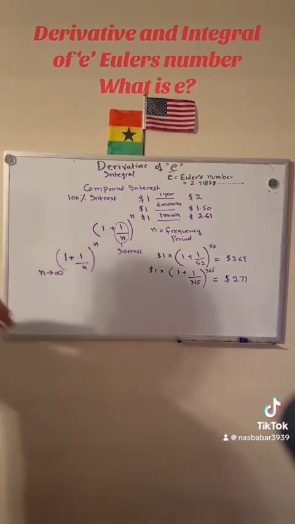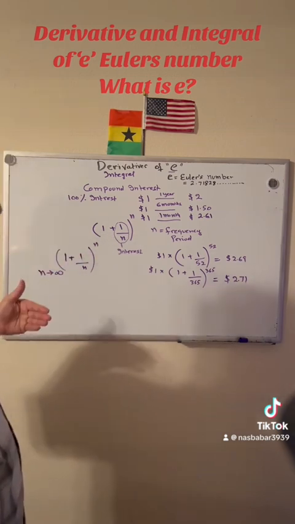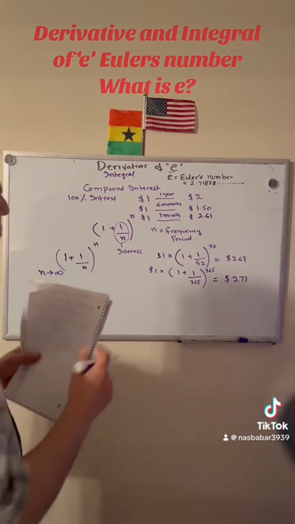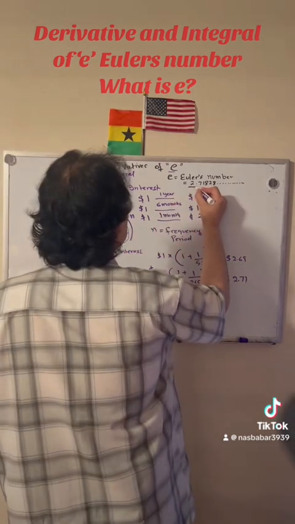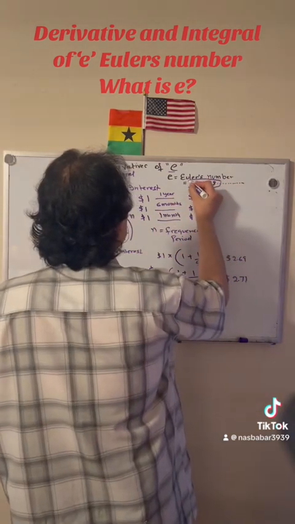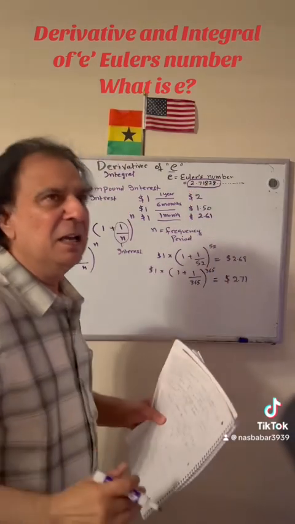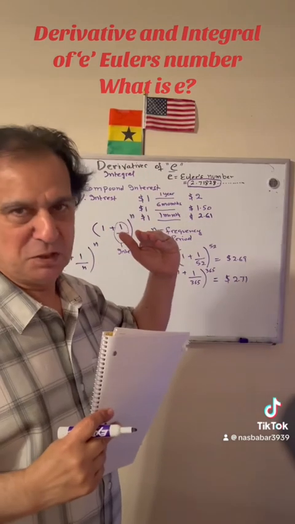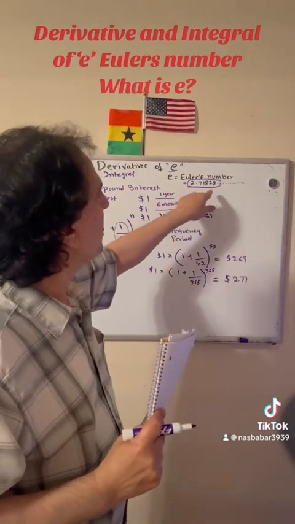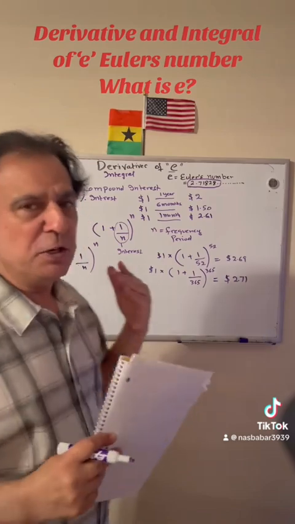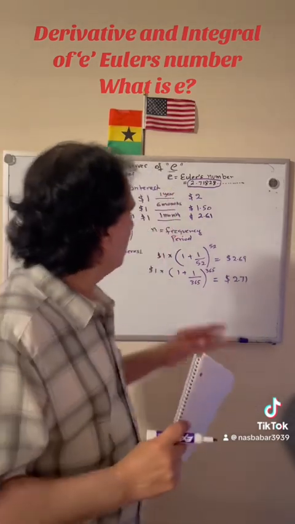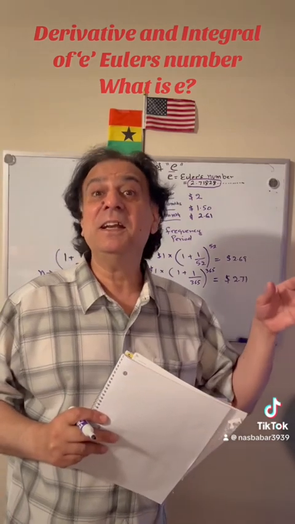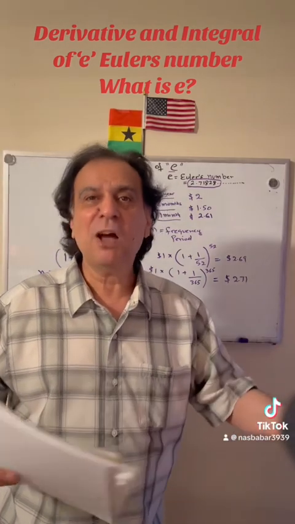He kept on calculating this number, and then he finally came up with this number, which is basically sort of like an average, okay. So this is called Euler's number, and in our next lesson we're going to see if we can take a derivative of that. We're going to take an integral of that and see how that comes out.